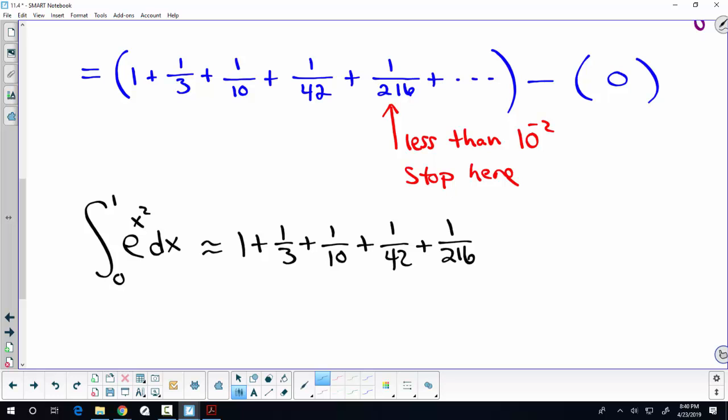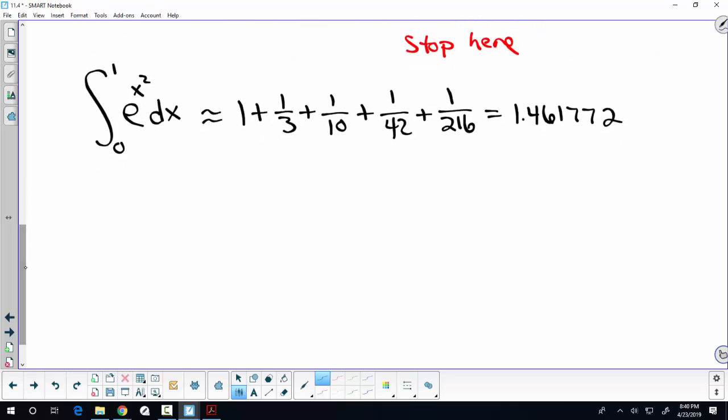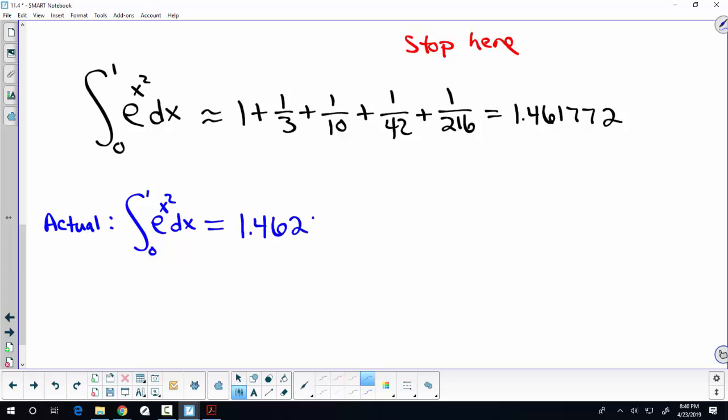I don't know if I computed that. 1.461 from the series, and just for reference, the actual value, at least to more decimal places, is 1.46265.